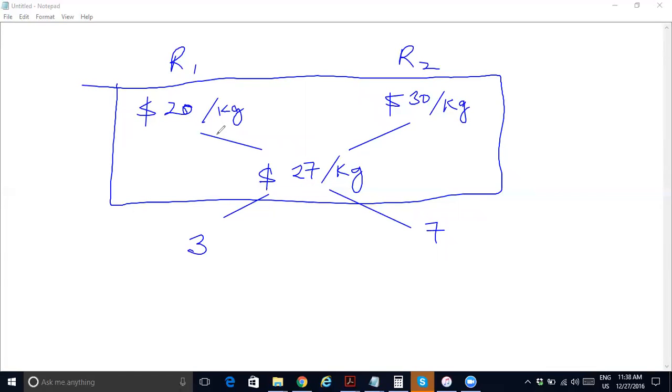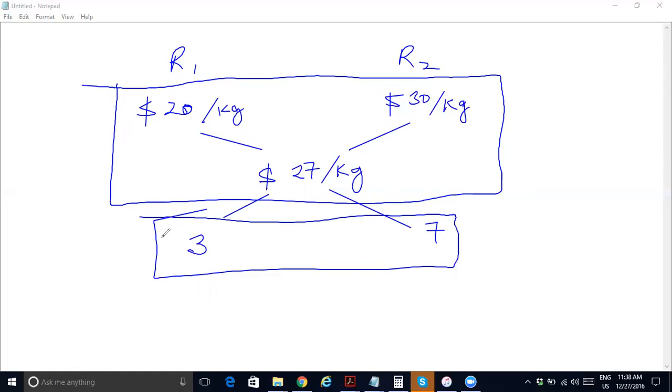If it is dollars per kg in R1, it should be dollars per kg in R2, and it should be dollars per kg in the middle. Units of the top three values must be the same. And the below two values do not represent anything except the ratio. They are plain numbers.